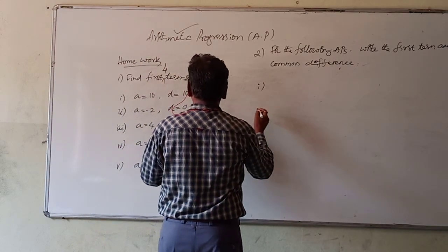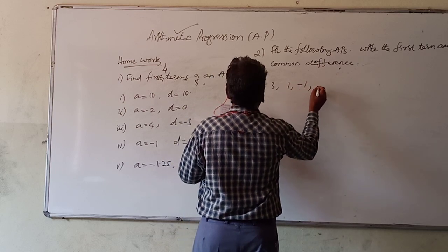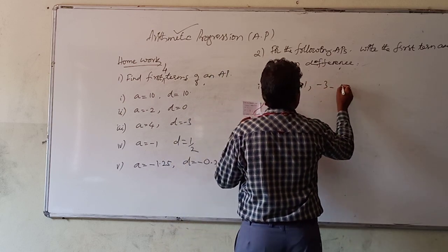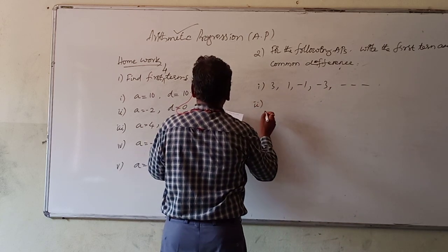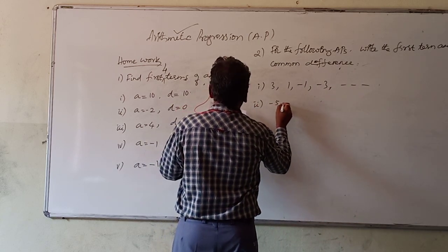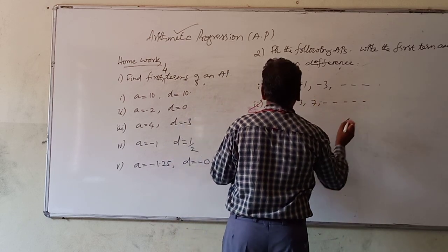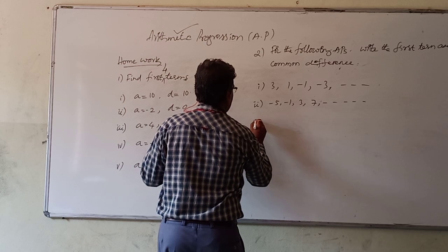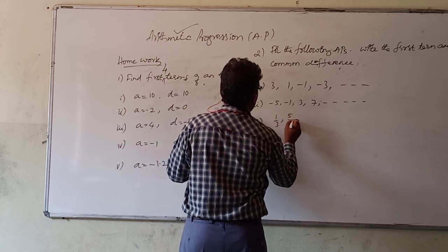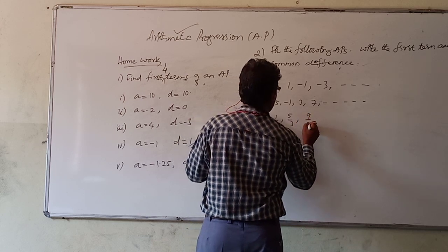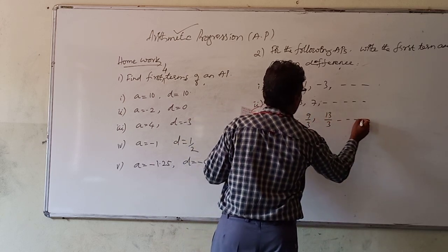So example number 1: 3, 1, minus 1, minus 3 and so on. Second example: minus 5, minus 1, 3, 7 and so on. Third example: 1 by 3, 5 by 3, 9 by 3, 13 by 3 and so on.